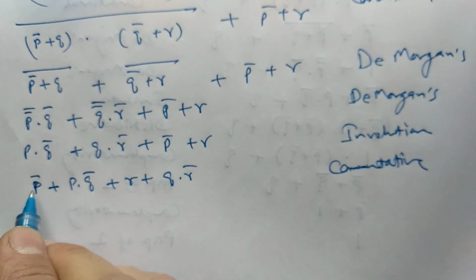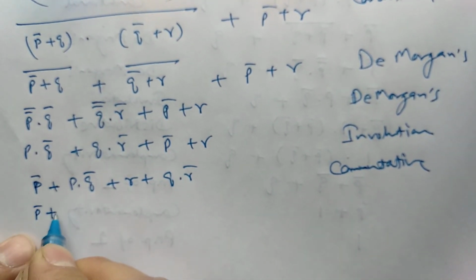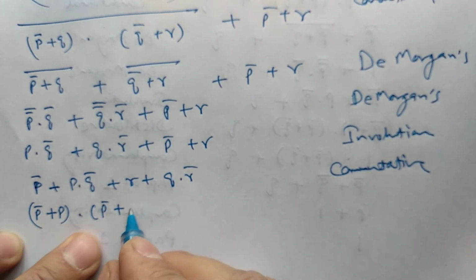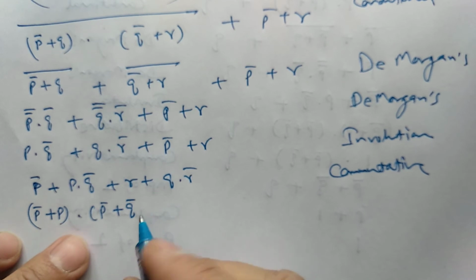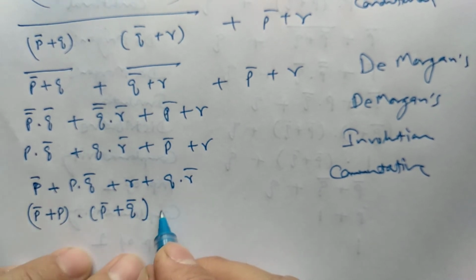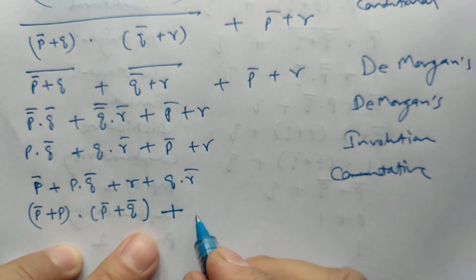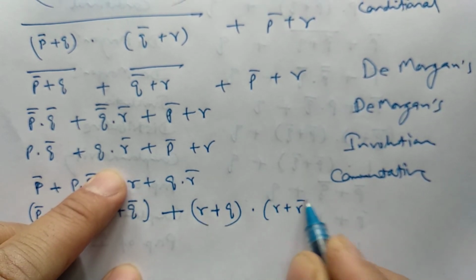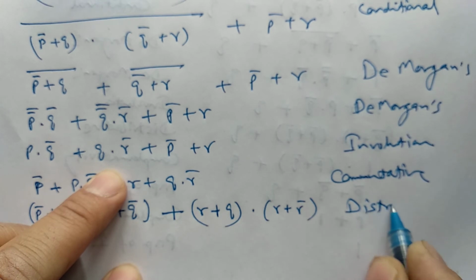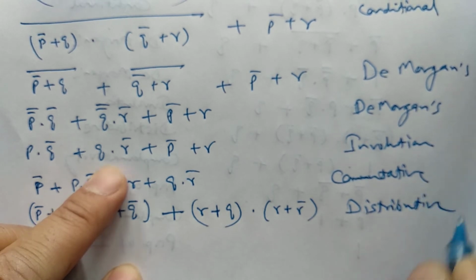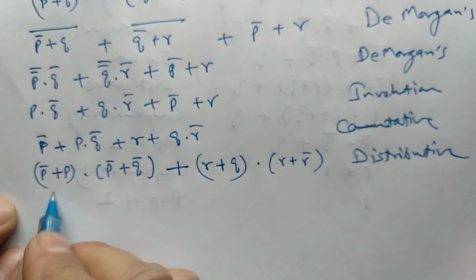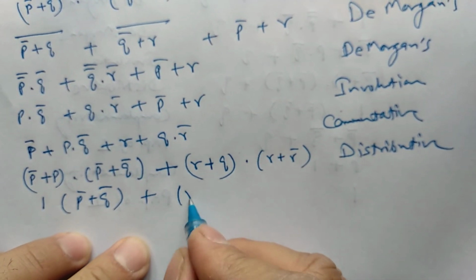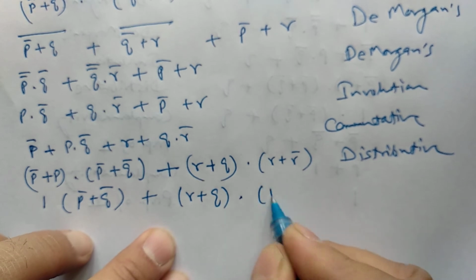Now we'll apply distributive: P naught or P and P naught or Q naught. Here again, R or Q and R or Q naught.